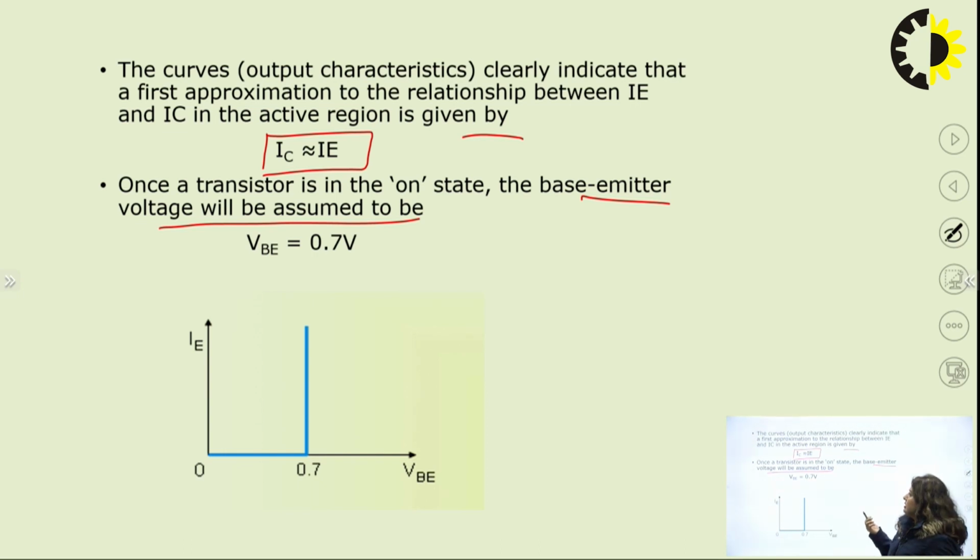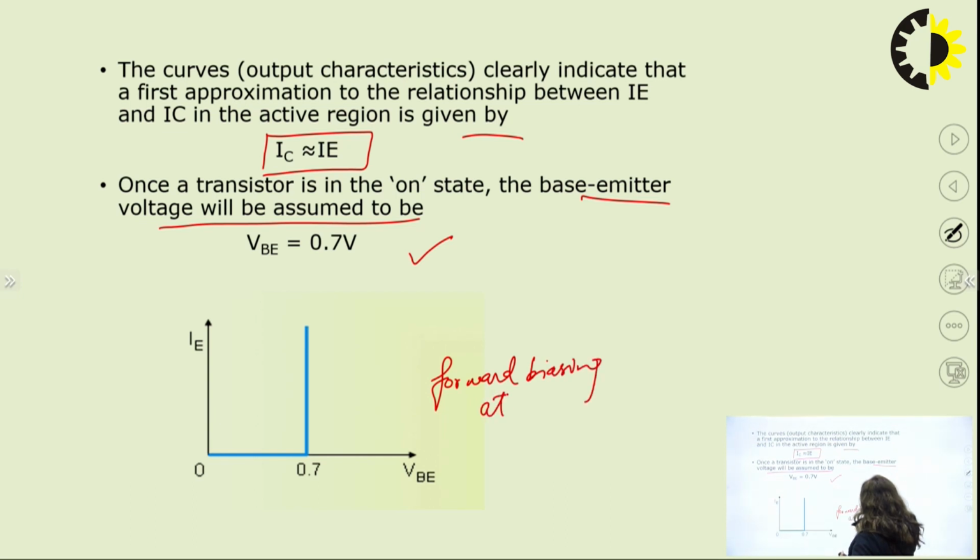So up to 0.7 volt there is no current, but above 0.7 volt there is a sharp increase in the current, which can be shown in the figure below between IE and VBE. Below 0.7 volt of forward biasing at VBE, we have no current.